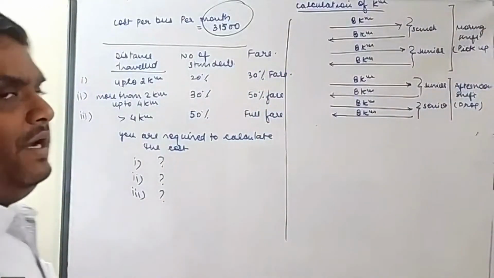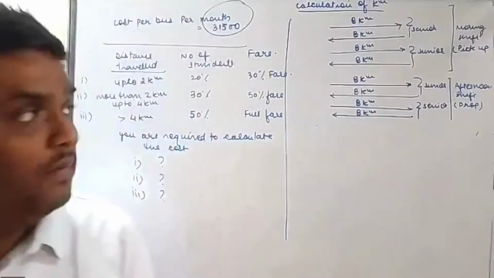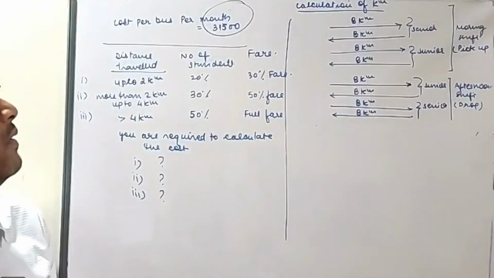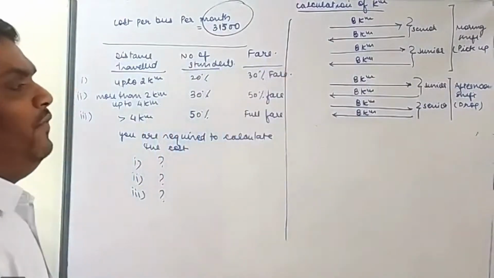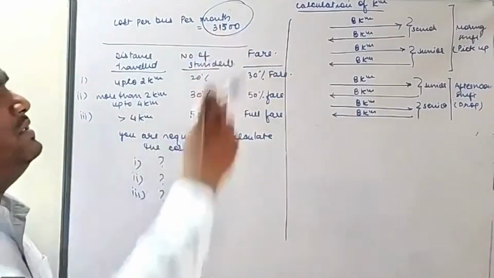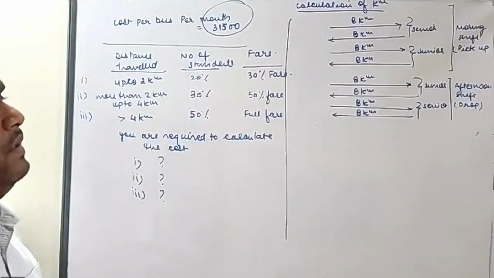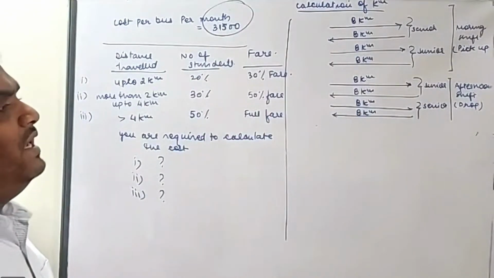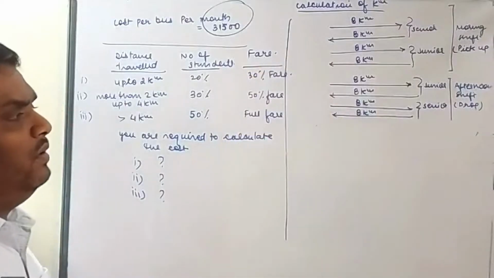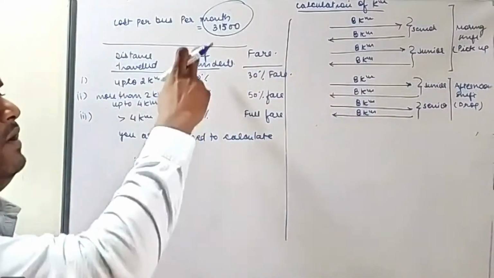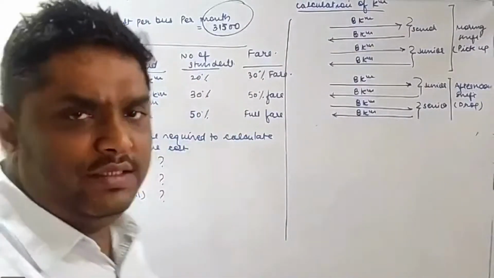You have to calculate the fare. Waiting for your answers, guys. The total cost is 31,500. The amount to be charged is the full amount, 50% amount, and 30% amount. And the number of students are also given. Waiting for your answers.